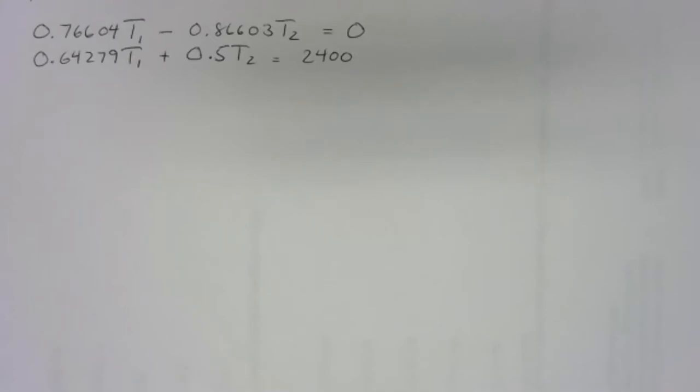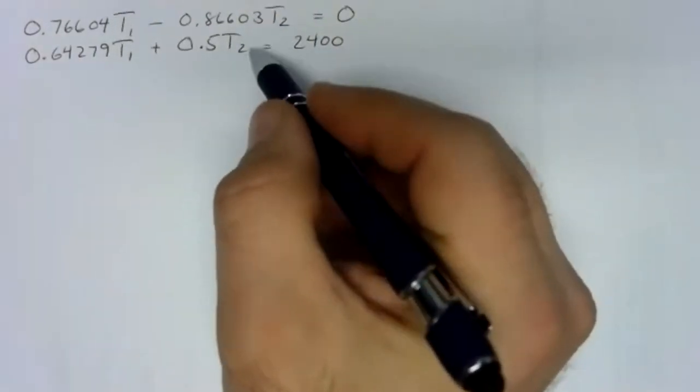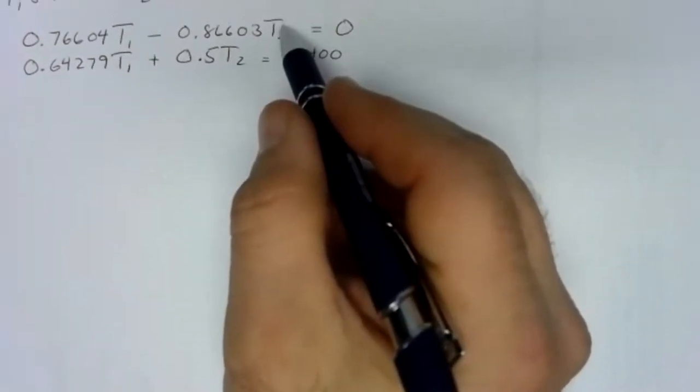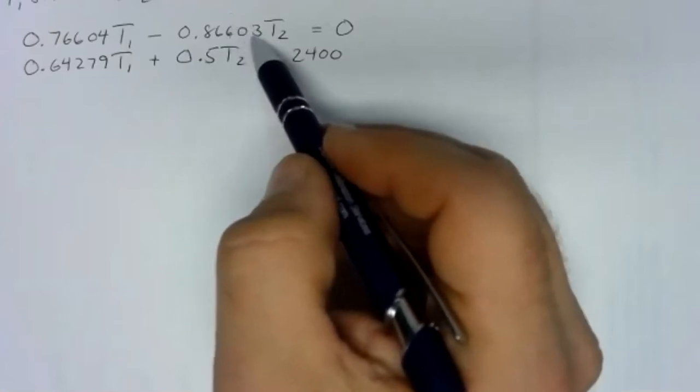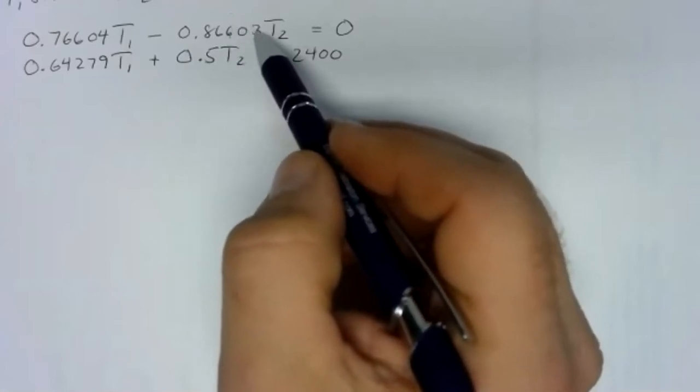So it looks pretty ugly. We're not likely going to find a multiplier, something we can multiply the top by and the bottom by, to get the same number sitting out in front of T2. In fact, this number involves a square root of 3, so it's not likely that anything interesting would show up for us to multiply through by. There are irrational numbers involved.